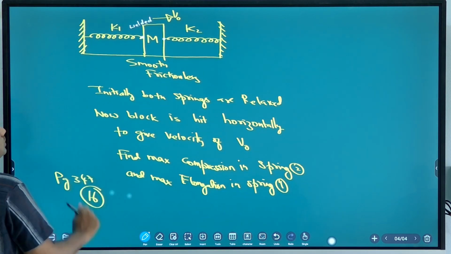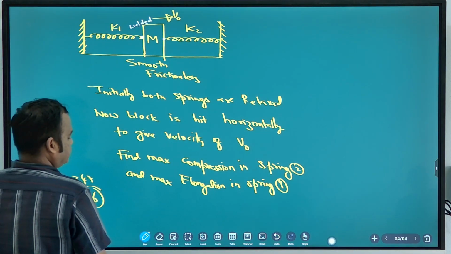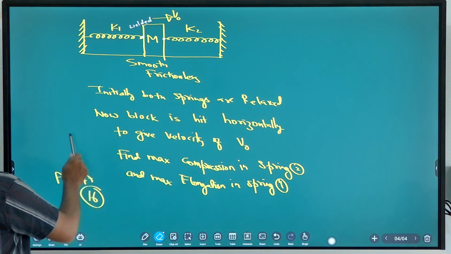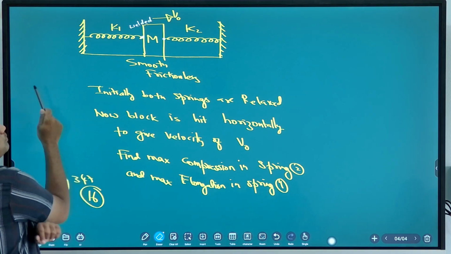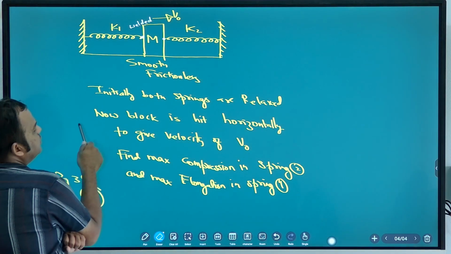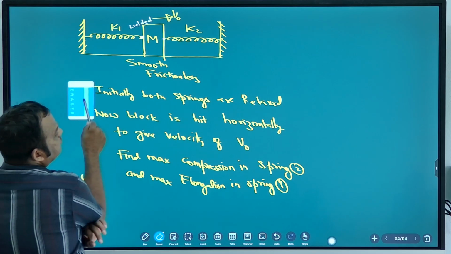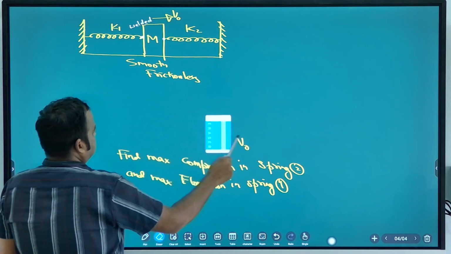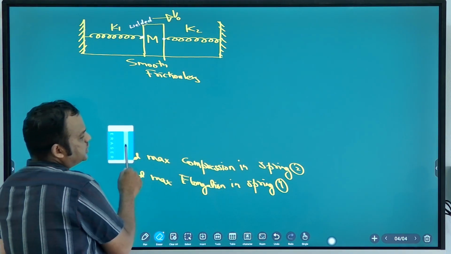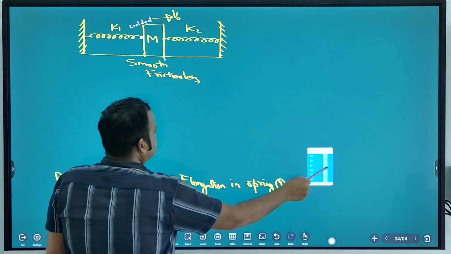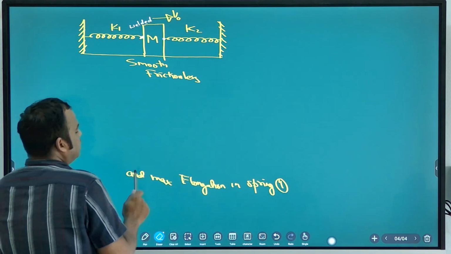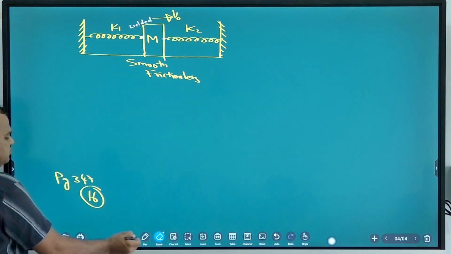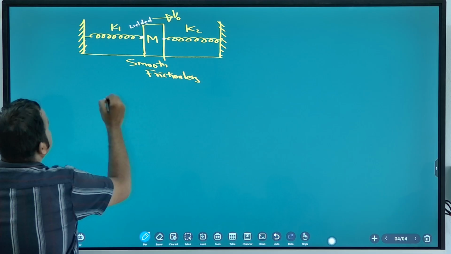So this is the question. Initially both springs are relaxed, natural state. Now the block is hit horizontally to give velocity v naught, horizontal. Find the maximum compression in spring 2 and the maximum elongation in spring 1. See what is going on here.